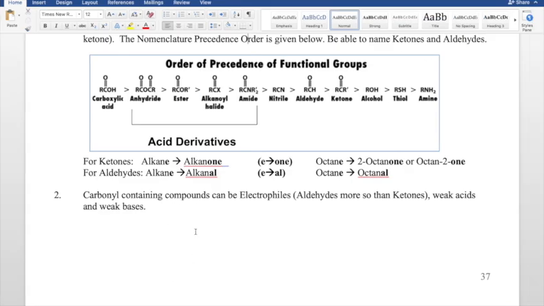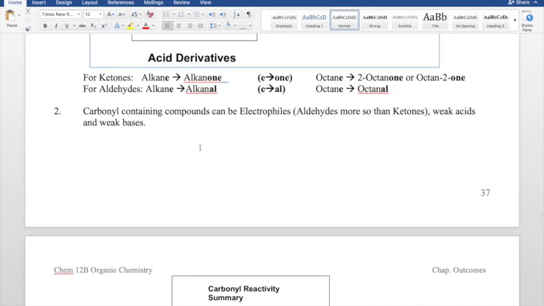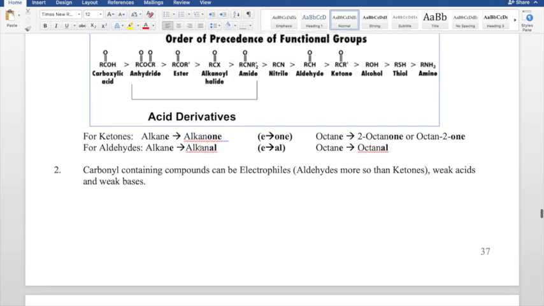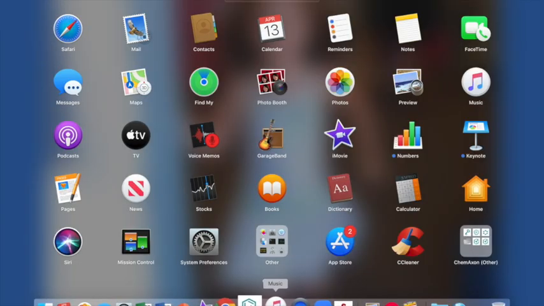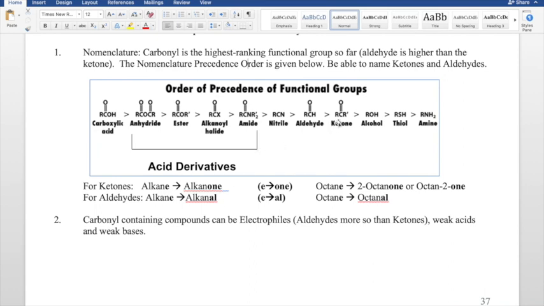Okay, back to our... you know what? I'll do one of these preferences ones. Let's say I throw on an alcohol. Do I name this molecule as an alcohol, or do I name it as an aldehyde? Let's look at our priorities here. Aldehyde is this priority. It looks like it's greater than an alcohol, so this is going to be named as an aldehyde.